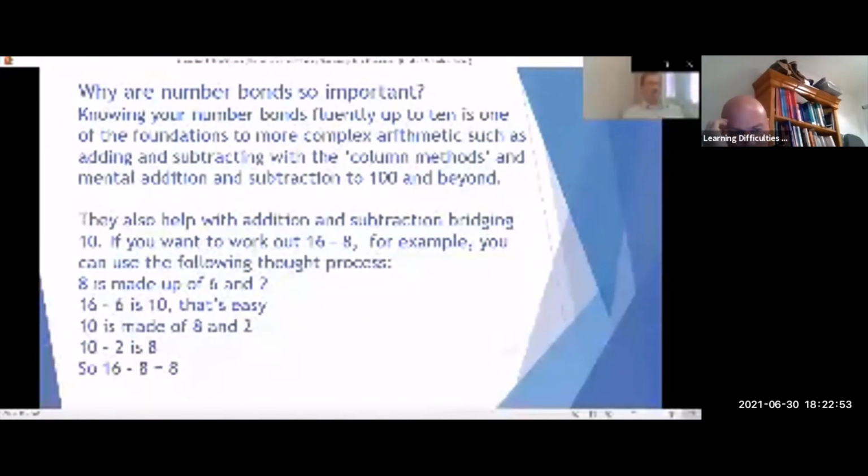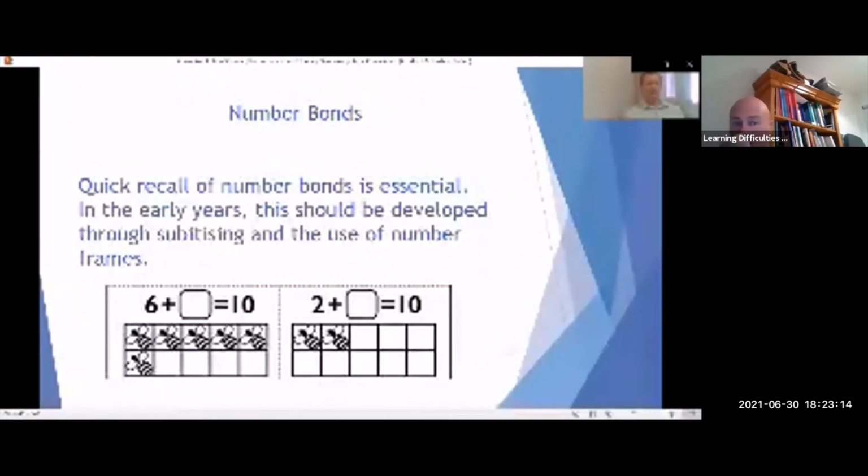For example, if the student wants to work out 16 minus 8, they can use the following thought process. They know that 8 is made up of 6 and 2. So first they can subtract 6 from 16 and they'll get 10. And then they have to subtract 2 more, so 10 minus 2 is 8. So quick recall of number bonds is essential.